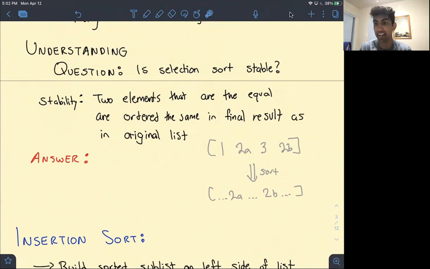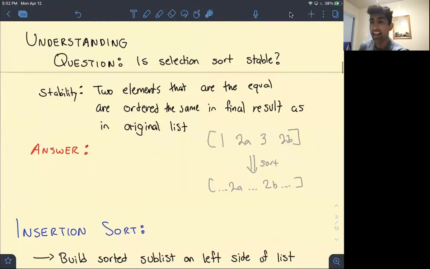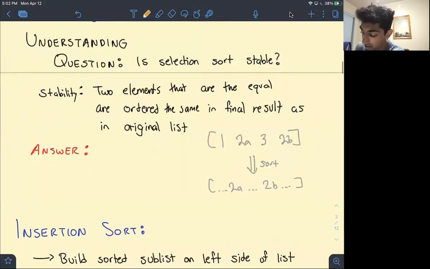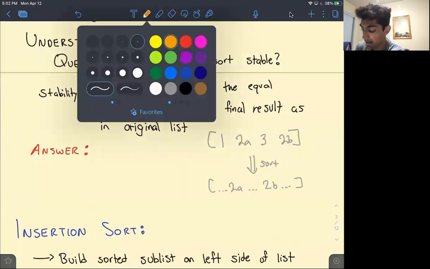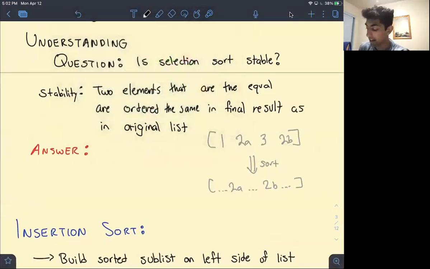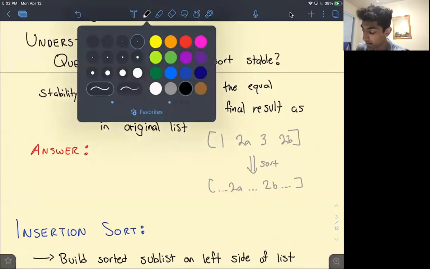Okay, so coming back here, I kind of hinted that it seems like selection sort is stable, but that actually isn't the case. The reason is that whenever we take an element, like say we take the minimum, and then we move the minimum to the front, we kind of ruin the ordering that we had before, right? So let's see a quick example of this.